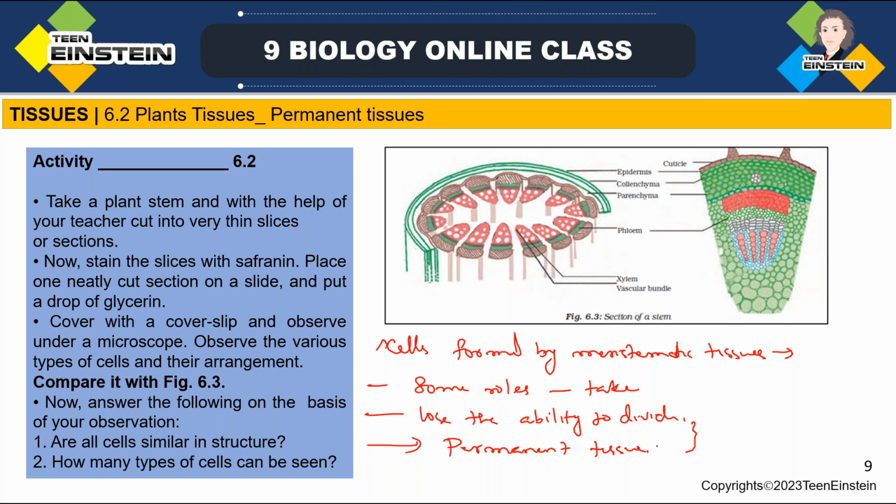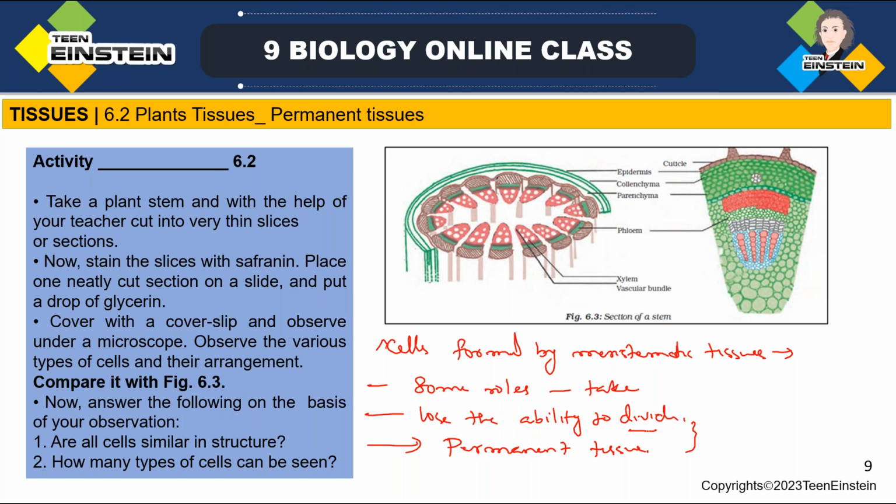Differentiation of cell. See, these meristematic cells will continuously divide, right? So what will happen to these cells when this division is taking place? Continuously dividing means numerous cells will be there. After a certain stage, after getting produced, these cells will take up some functions and they will lose the ability to divide.